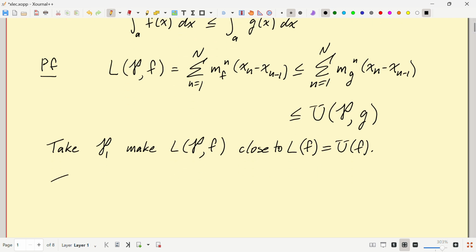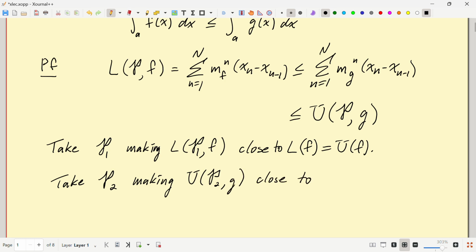And then take P2 making U(P2, g) close to the value of that integral.